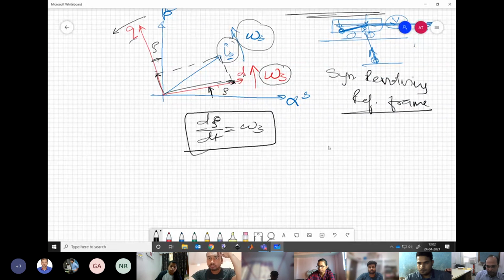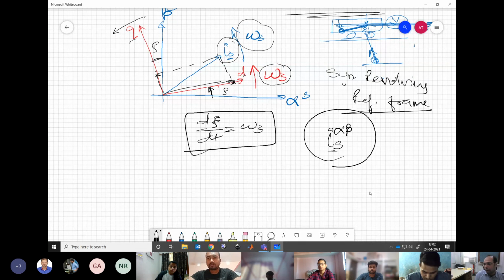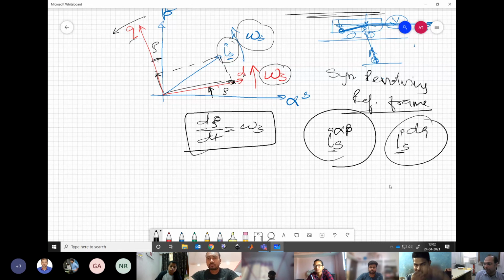So simply, if I have to write my quantity which is referred in the alpha beta reference frame, I will write like this, and whichever is referred in the DQ reference frame, I will write like this for clarity. Vector is same, but in which reference frame it is referred, that we are seeing. So if I have to write Is dq in terms of Is alpha beta, what will this be?